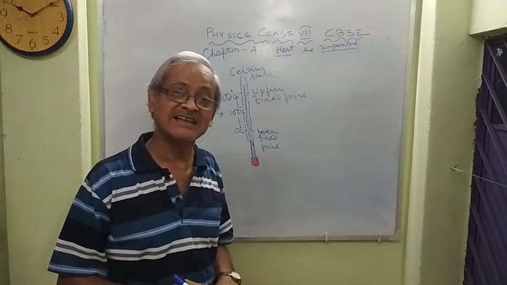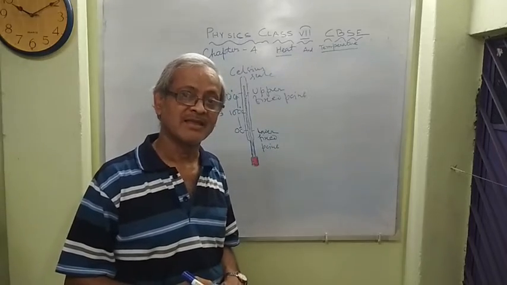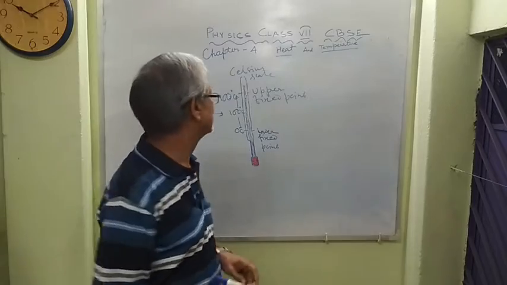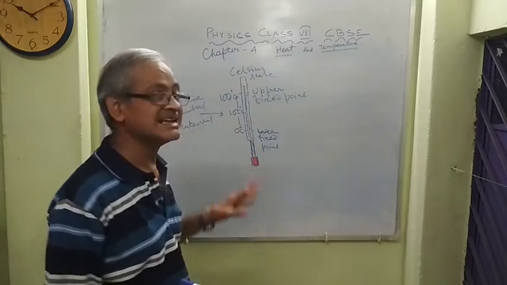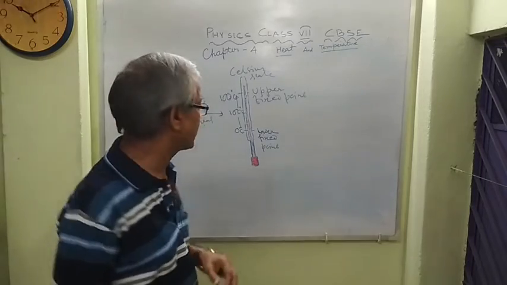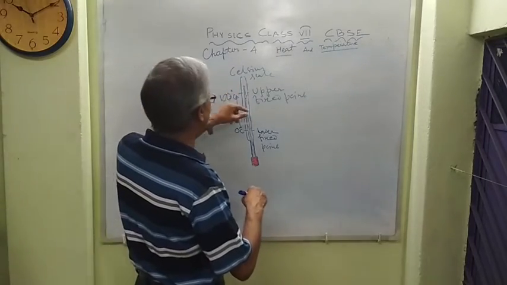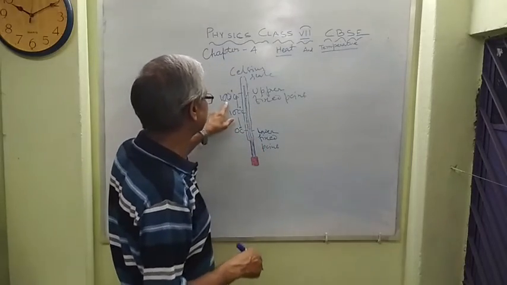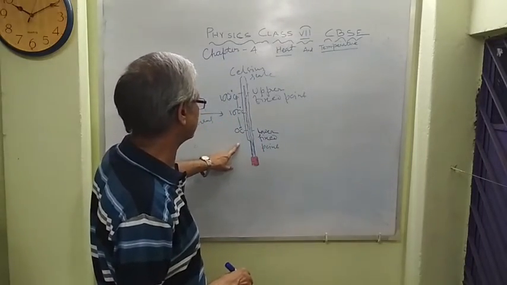What is grade? Grade is a unit of angle measurement in European countries. So the Celsius term is adopted, not centigrade. Remember it. In the Celsius scale, the upper fixed point is 100 degrees Celsius and the lower fixed point is 0 degrees Celsius.